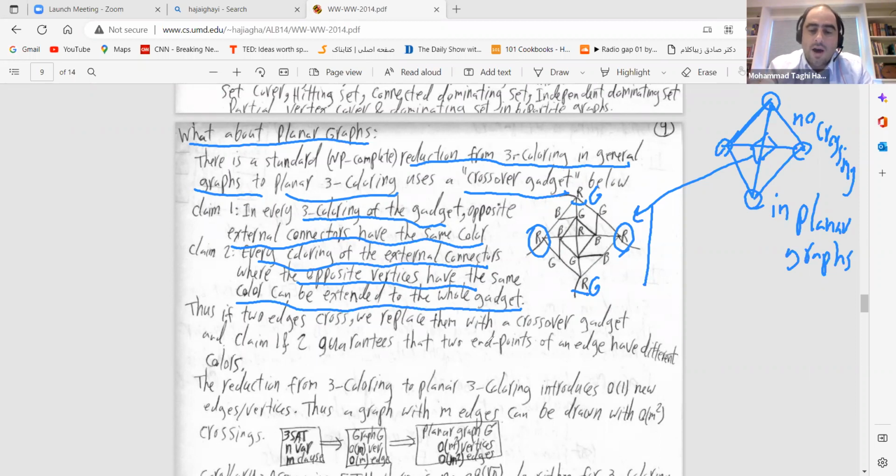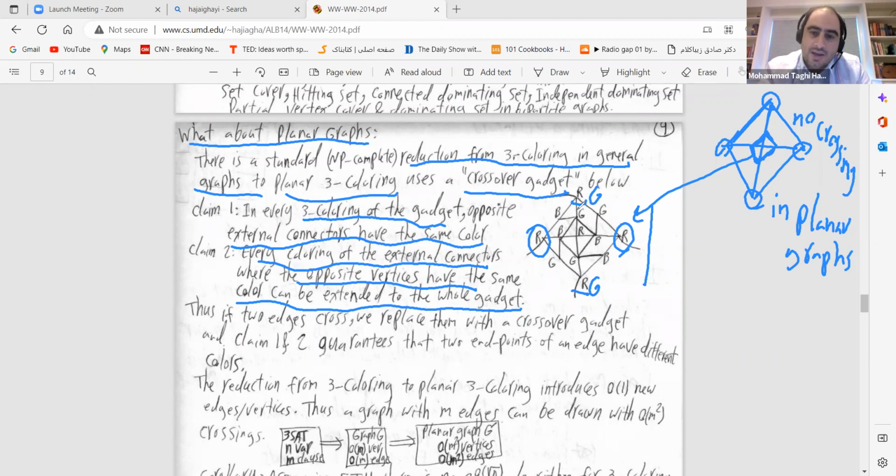Good. Now, what is the interesting thing? For example, here, this is the interesting part. If we use this crossover coloring, that actually guarantees this.